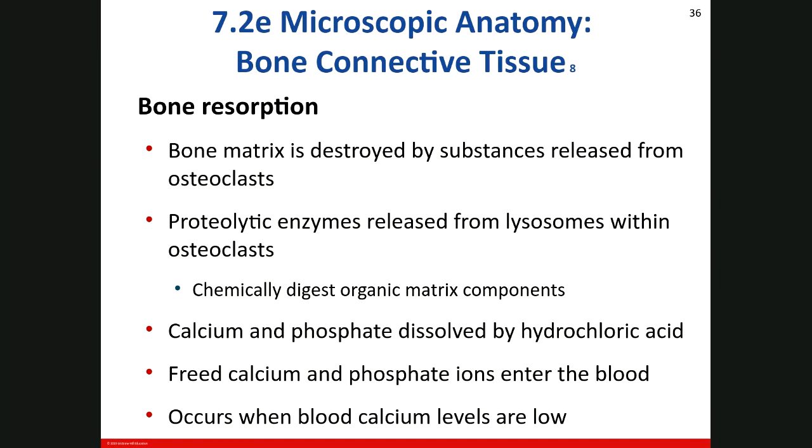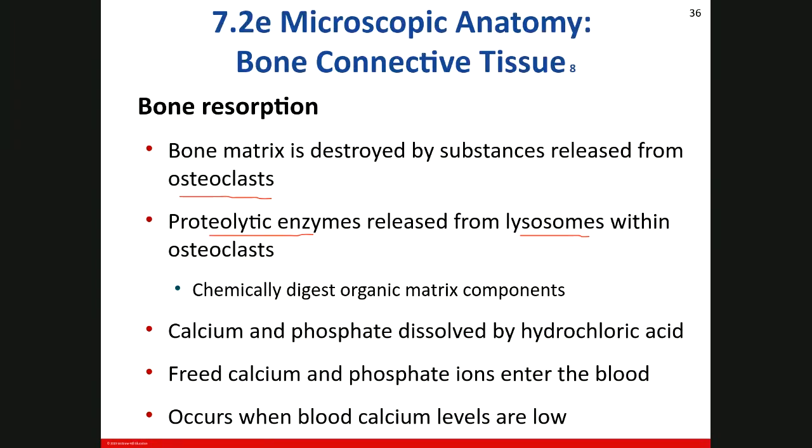The other process which we have in the bone is called bone resorption. Bone resorption is a process whereby bone matrix is destroyed by substances released from our osteoclasts. So osteoclasts start to release some proteolytic enzymes. The proteolytic enzymes are located in the lysosomes inside the osteoclast. They release them on the surface of the bone and start to digest the organic component of the matrix.